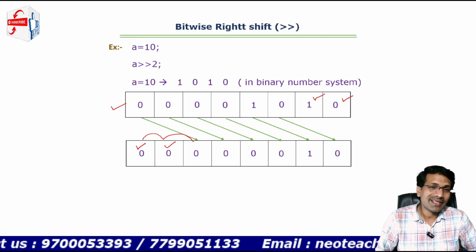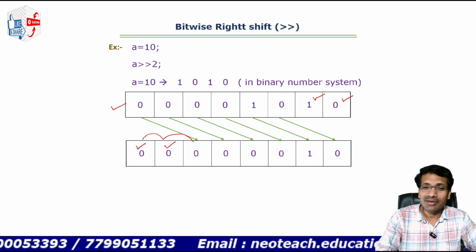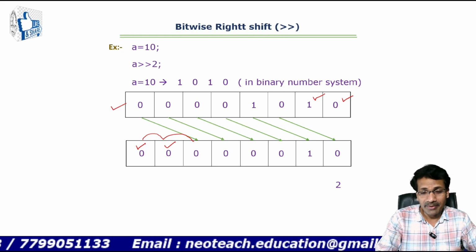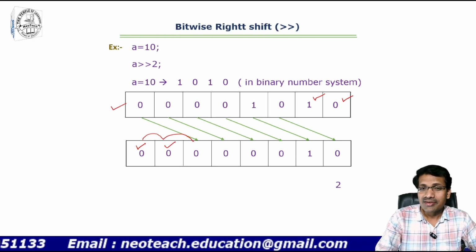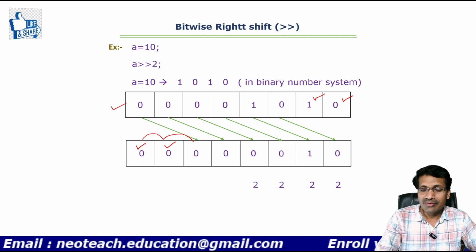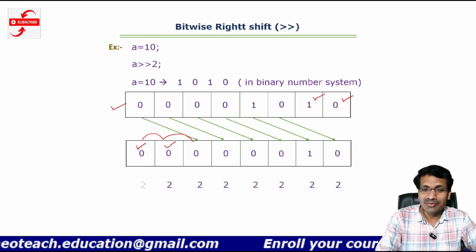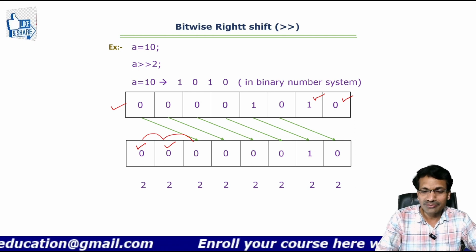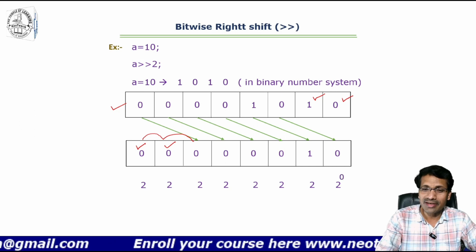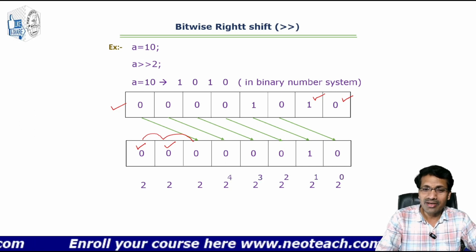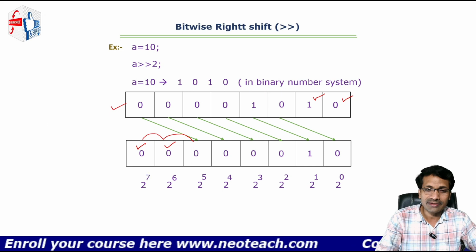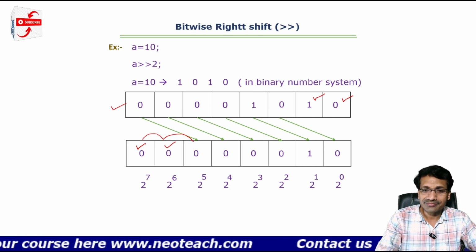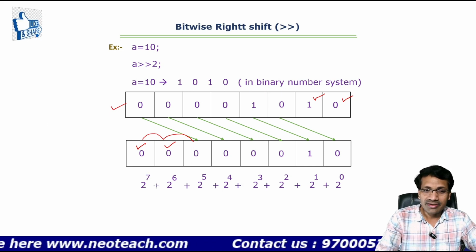So what's next? Now we are going to convert it from binary to decimal, right? Binary to decimal means we should take the binary base, like 2 2 2 2 for every bit, and then take the decimal powers 0 1 2 3 4 5 6 like this. Now we should add together.